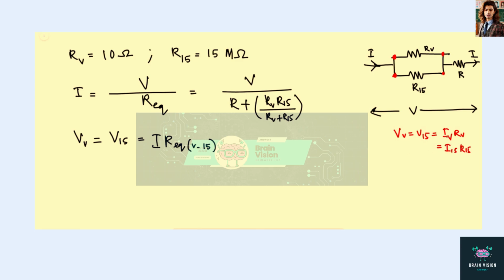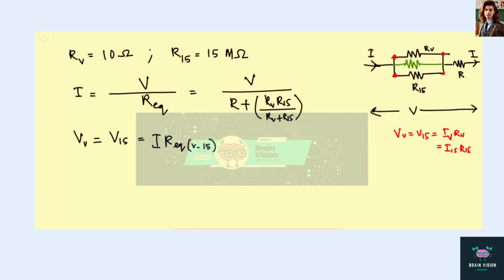But you don't know what IV is and you don't know what I15 is, but you do know the total current that's flowing through the circuit. So instead of going with this method, you can choose to take the total current and replace these two resistors by the equivalent resistor, which has a magnitude of this, and multiply it with the current.